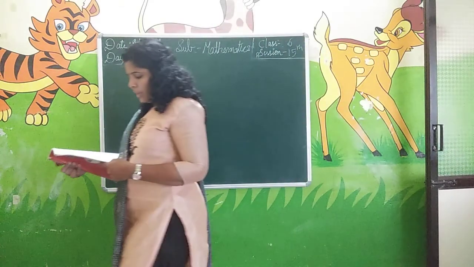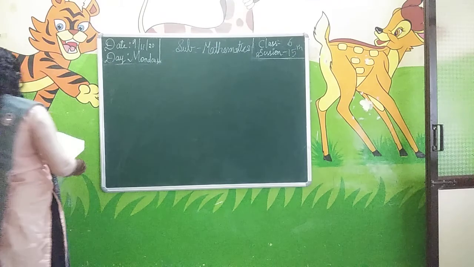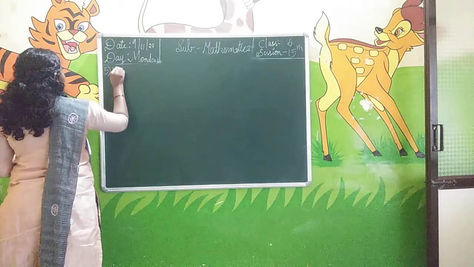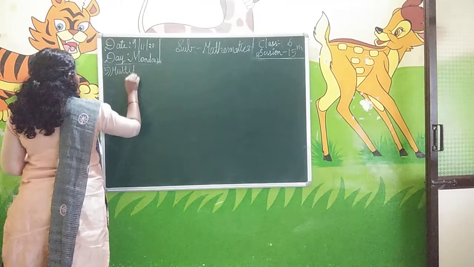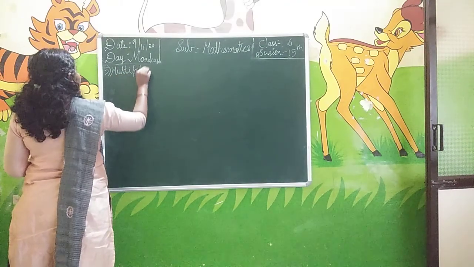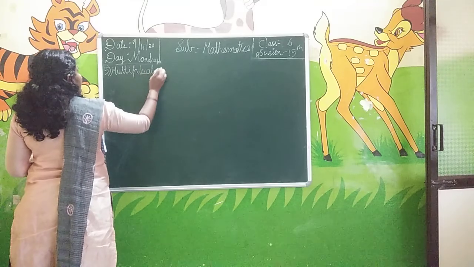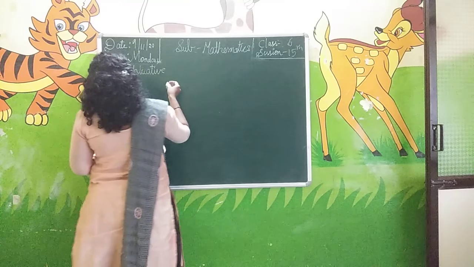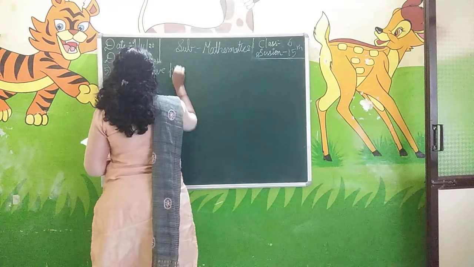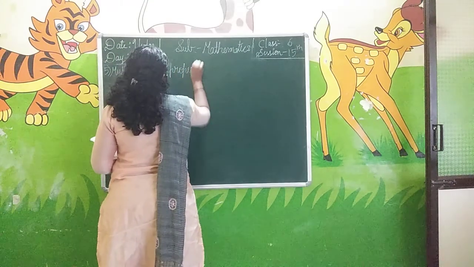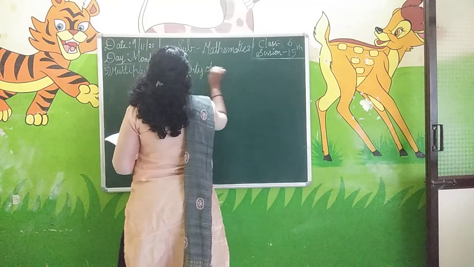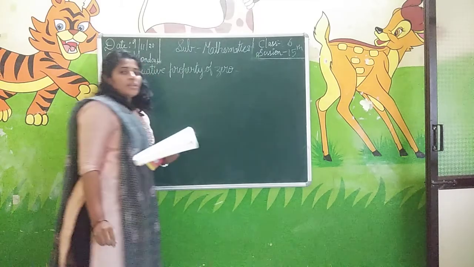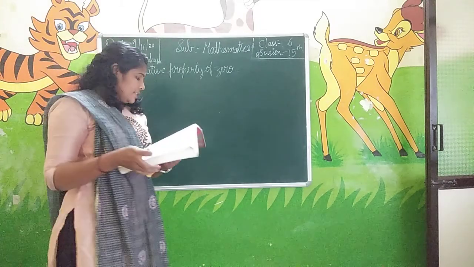When you come to the multiplicative property of 0, this is the fifth property of multiplication. Students, if you multiply any number with 0, then the answer we get is 0 itself.